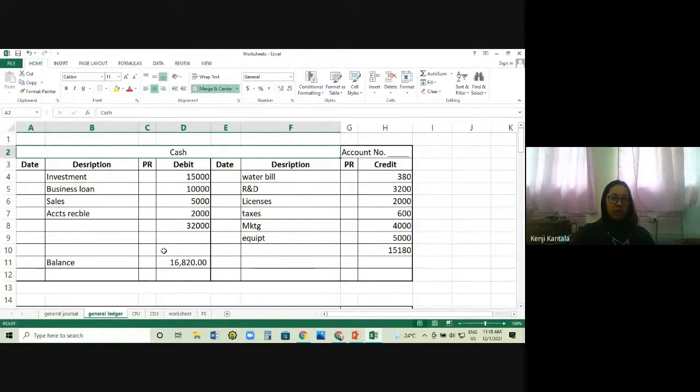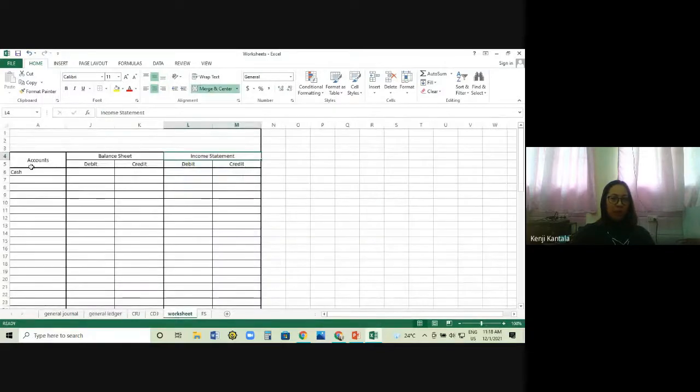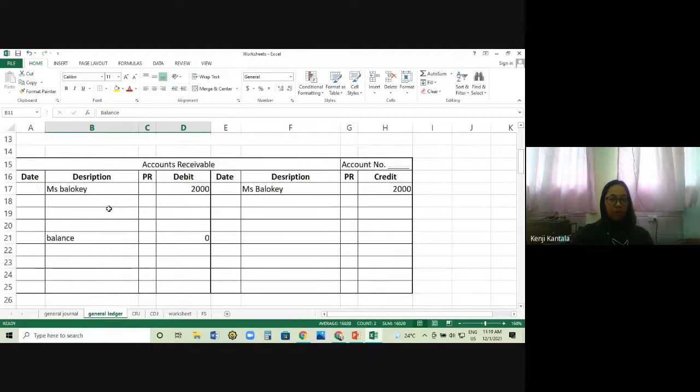Sa general ledger natin, yung balance natin is nasa debit side. So yun ang magre-reflect sa worksheet natin. So that is 16,820 na debit sa cash. So cash, 16,820.